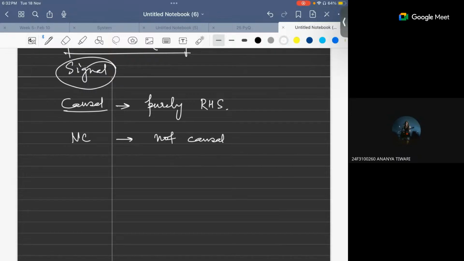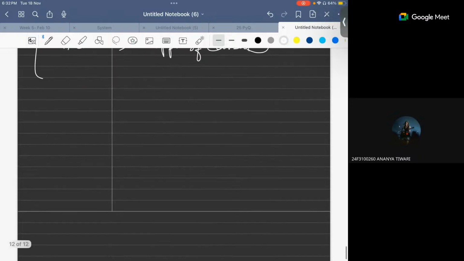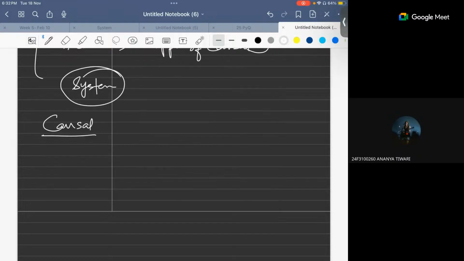I'm talking about the signals, okay. And the anti-causal are the opposite of causal. These are signals. I hope in the classification of signals this was discussed; if it was not discussed, it will not be asked. But yes, we'll be asked about systems. So the causal system. Whatever Ananya was saying, that is correct.